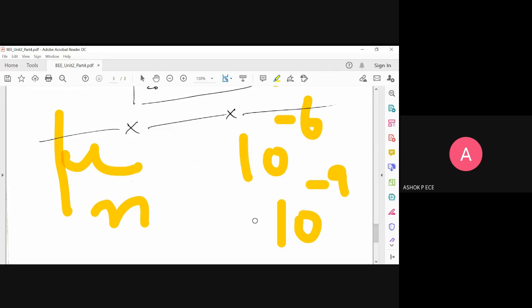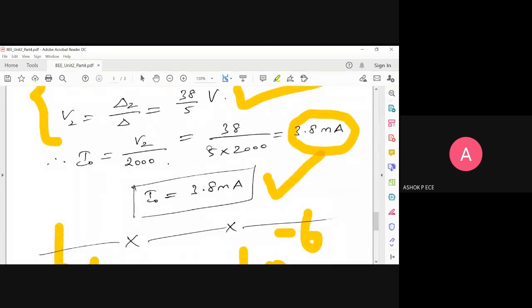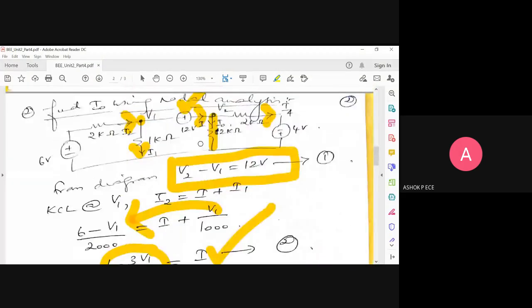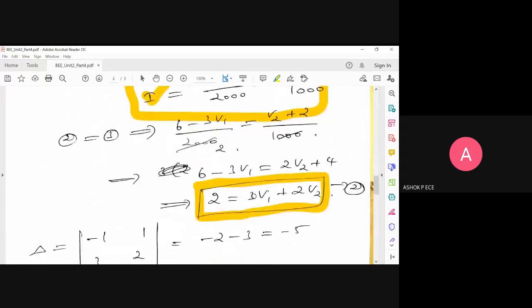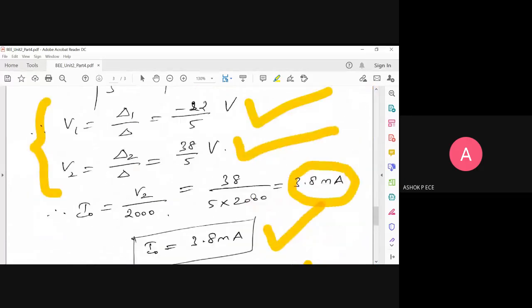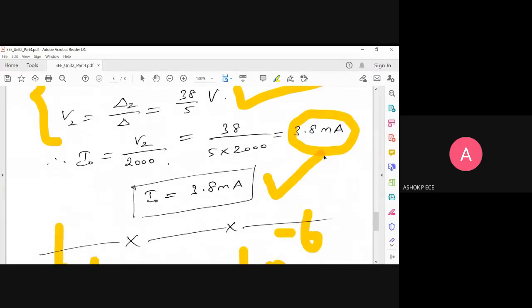Micro and nano you will not get very often, but you get milliamperes when your circuit has kilo ohm resistance. Here all the resistances are kilo ohms, so the current flowing will be in milliamperes. If you have all in mega ohms, the current will be in microamperes. The larger the resistance, the lower the current, since I and R are inversely related as per Ohm's law. That is how you write the final answer in milliamperes.